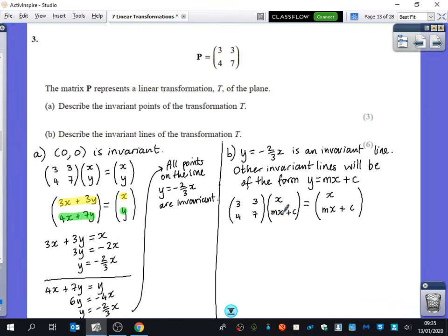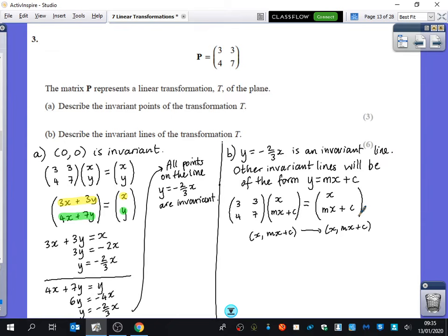Let me just say that one more time because it's quite important. If I just left it as x here and x here, then that's just saying I'm going to go from the coordinate x, mx plus c, and I'm just going to go to the same coordinate x, mx plus c, and I've got it just as an invariant point, but I need it to be an invariant line. However, I still need the bottom part of the coordinate to be the top part of the coordinate multiplied by m and c added onto it.